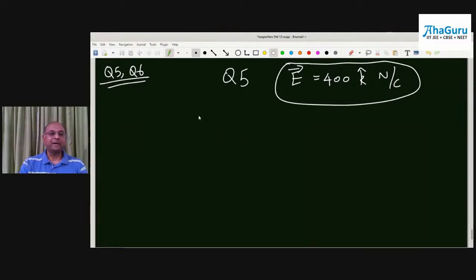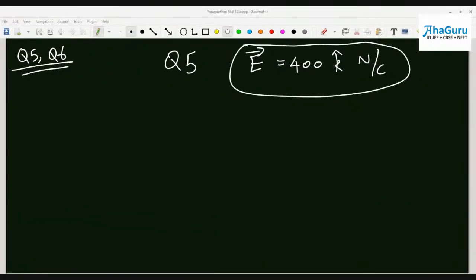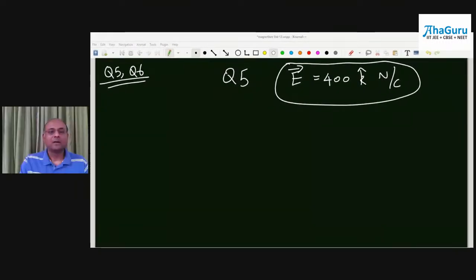Can you quickly solve question 5 and then go to question 6? Sorry again, I was just looking at what was the original question.